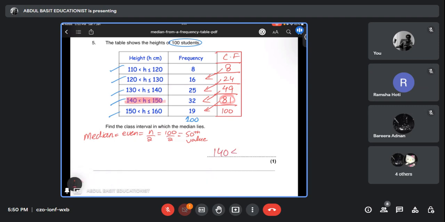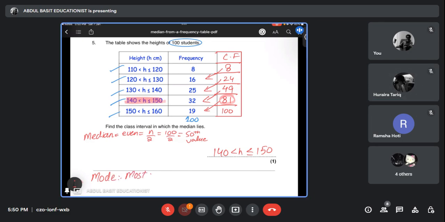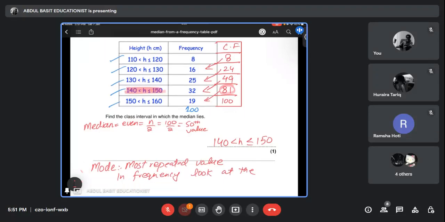Hurera, beta, can I ask you this question that what is mode? Sir, I don't know. So mode is most repeated value. Okay. Most repeated value. In frequency table, look at the highest frequency. Which class has the highest frequency?